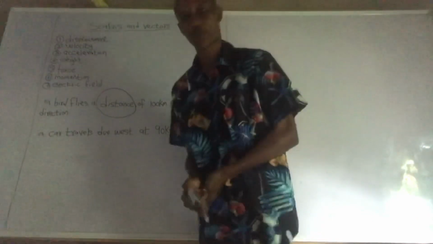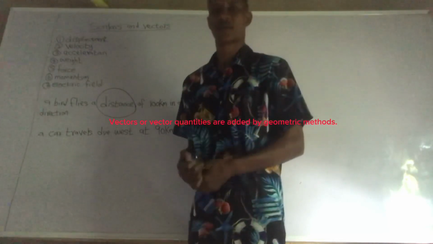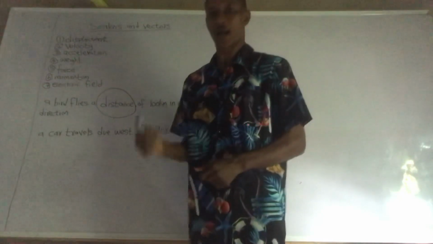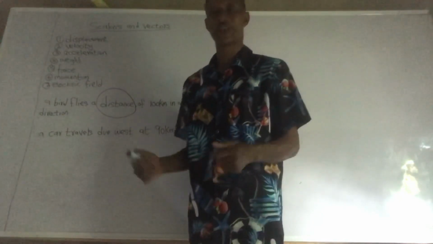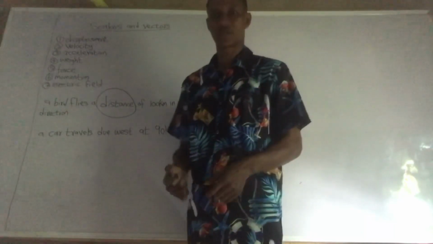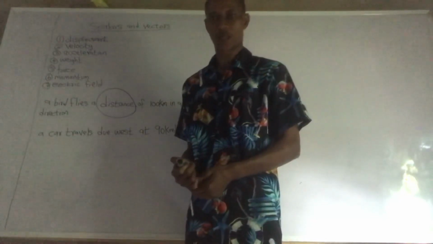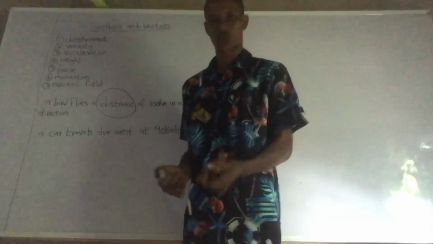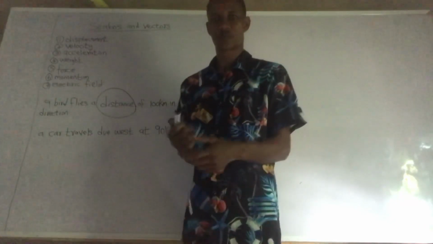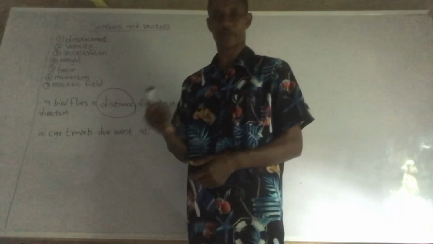Another thing you must know about vectors is that vectors are added by geometric methods. And the word geometry there means the relationship between lines and angles. That means there's direction involved in geometry. So the addition of vectors is a complex topic that will be treated in subsequent videos.